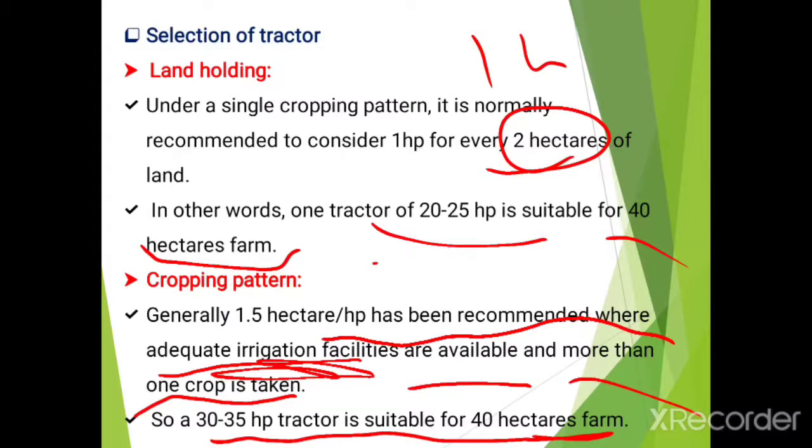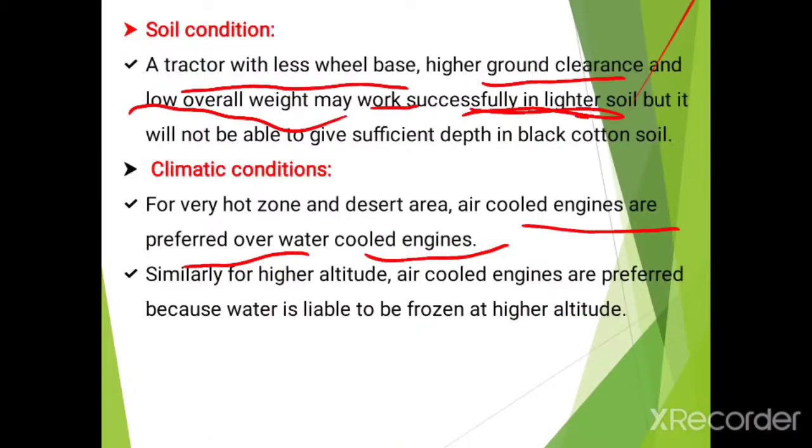When we consider only land holding, then a 20 to 25 HP tractor is suitable for 40 hectares. Now the next point is soil condition. A tractor with less wheelbase, high ground clearance, and low overall weight may work successfully in lighter soils but not in heavy soils.